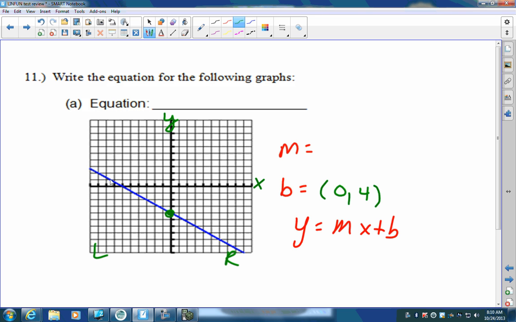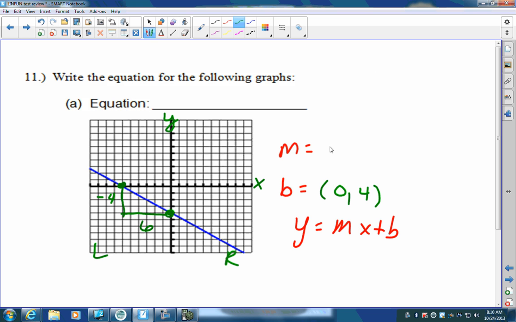Now, I could go and find my x-intercept and count my slope from there. If there's an x-intercept, now I can go down and to the right and find out what my slope is. So I'm going down 1, 2, 3, 4, negative 4, and to the right 1, 2, 3, 4, 5, 6. To the right 6.